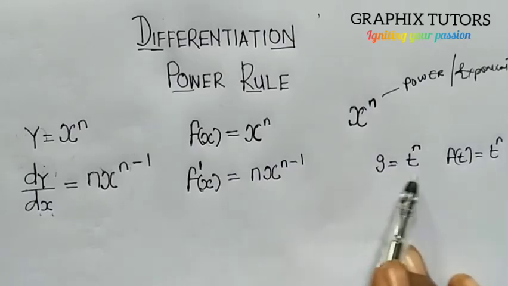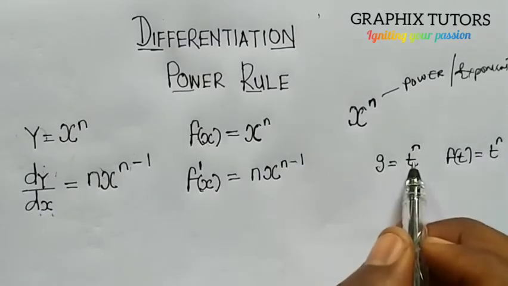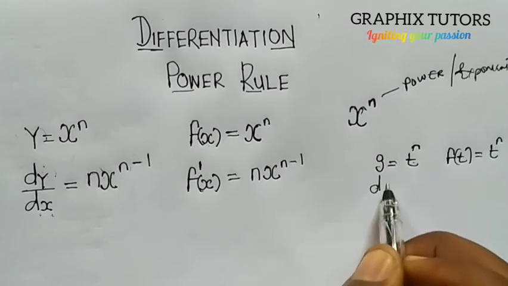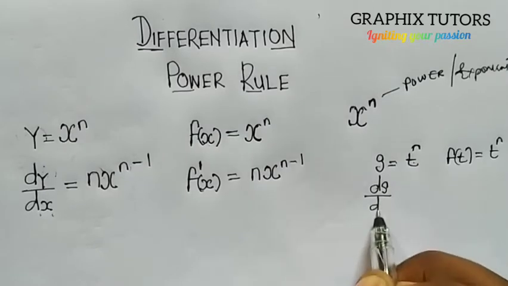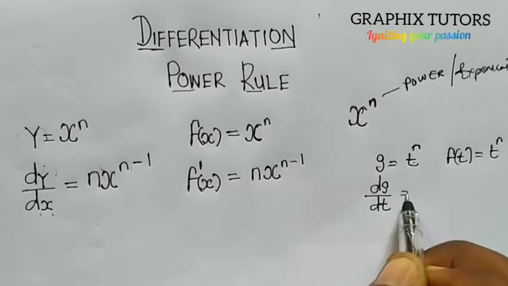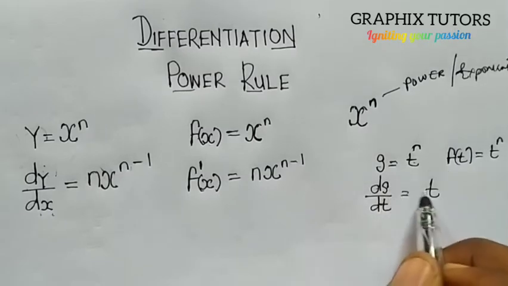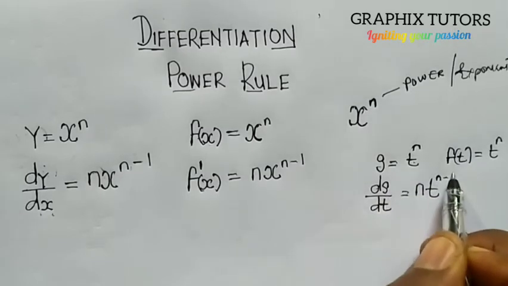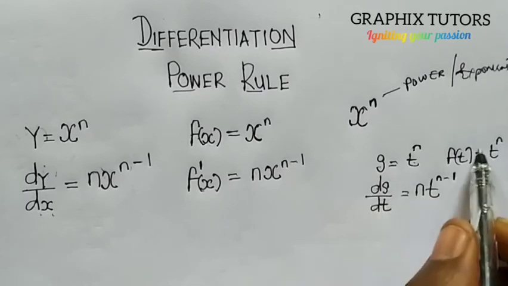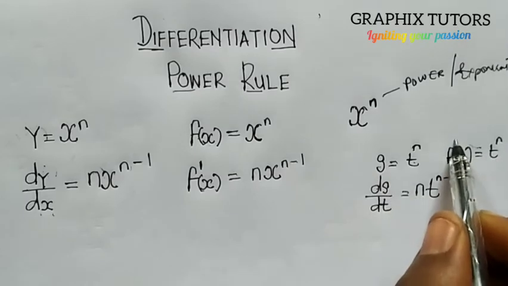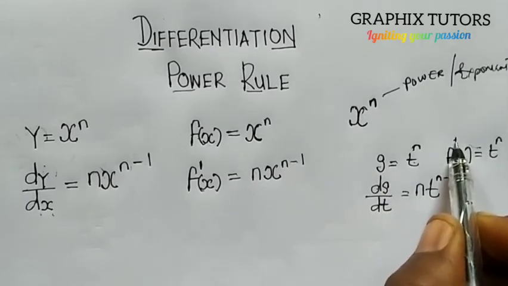So if I should differentiate this, I'm differentiating x with respect to t. So it will be dx over dt. And that will give me, once I bring my n down, I must subtract 1 from my n, right? So similarly, the same thing will apply here. So I'll just put a prime here, right?